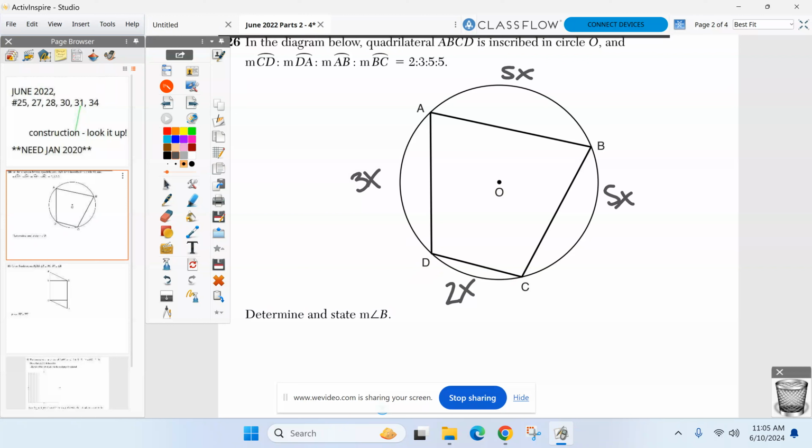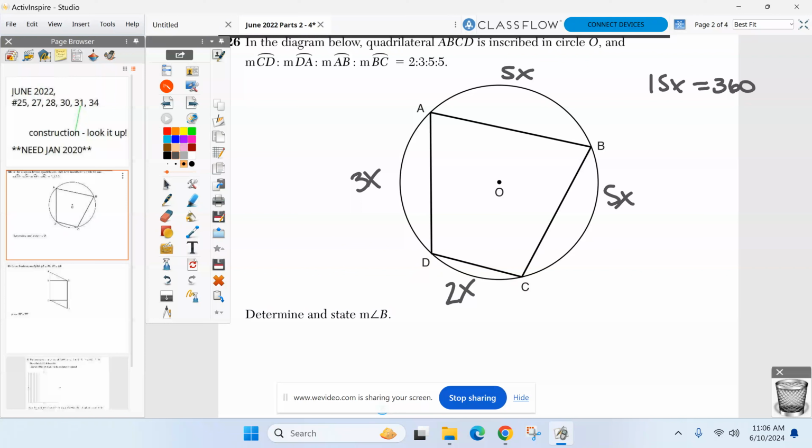Where's that equation going to come from? What do you know about all 4 arcs? There's no missing ones. They add up to 360, right? So I add up all the arcs. It gives me 15X, and I set it equal to 360. Solve for X, substitute it back in.